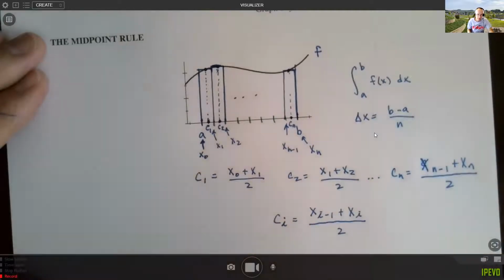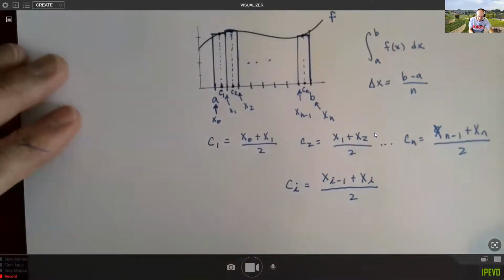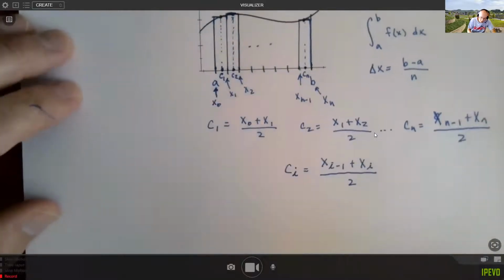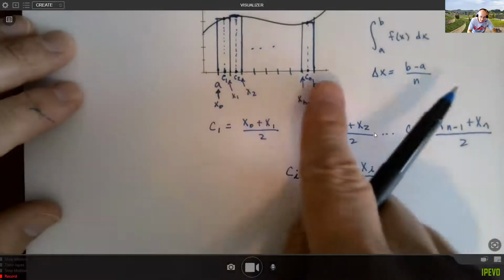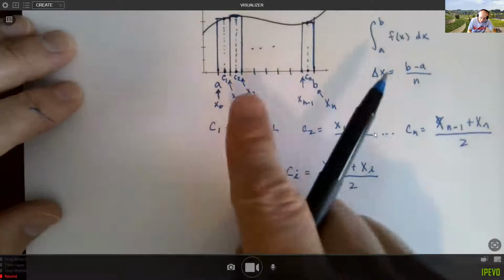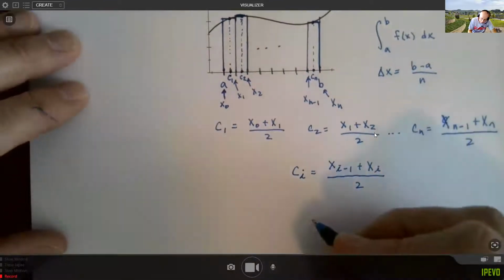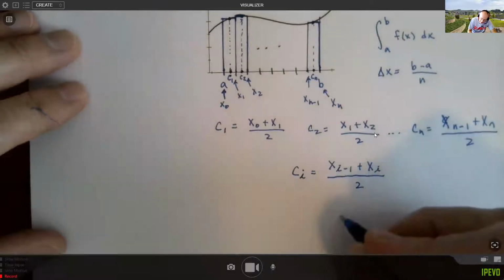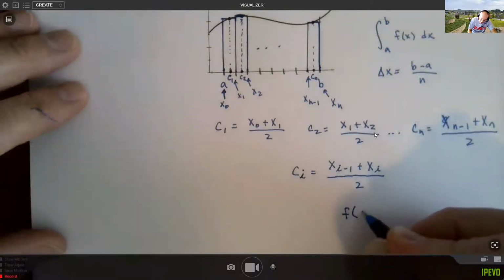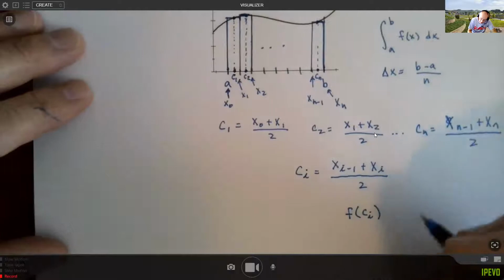That's the general formula. And so here is going to be the midpoint rule. It's just the sum of the areas of these rectangles. The rectangles have a height of f of c i, which is the height of the ith rectangle, times its width.